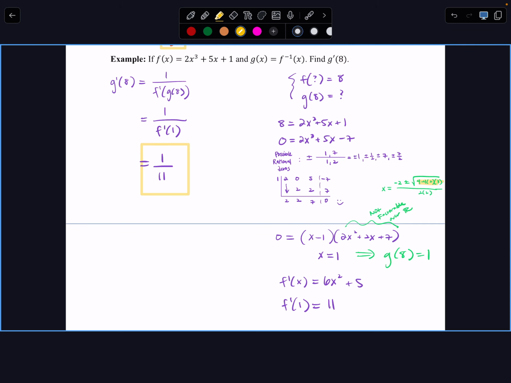I have a question. How did you get from not knowing what the zero was to the equation? Because that factored, since the remainder was 0, that tells me that x minus 1 times this, 2x squared plus 2x plus 7, is equal to 2x cubed plus 5x minus 7. This does not factor any further, because if you pop it into the quadratic formula, underneath the radical is negative.